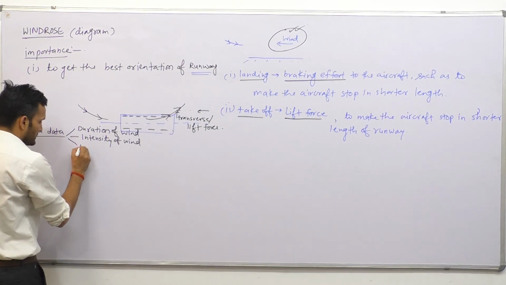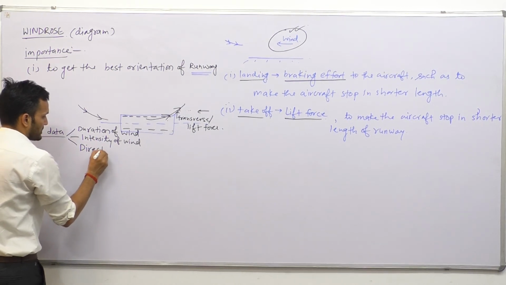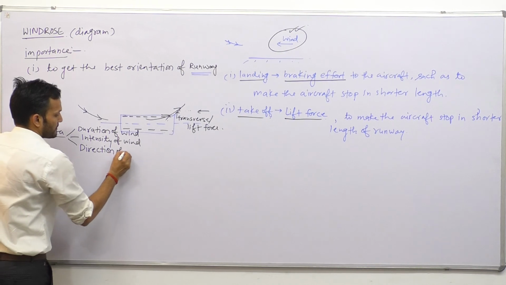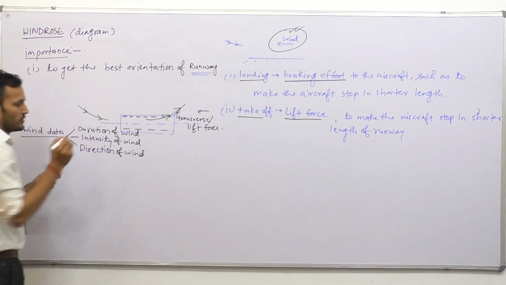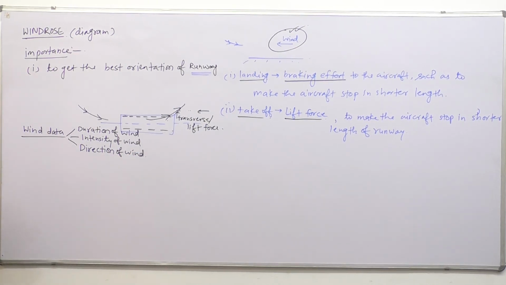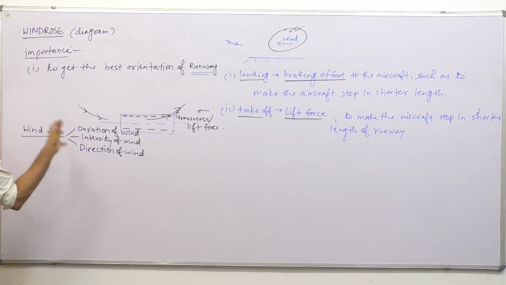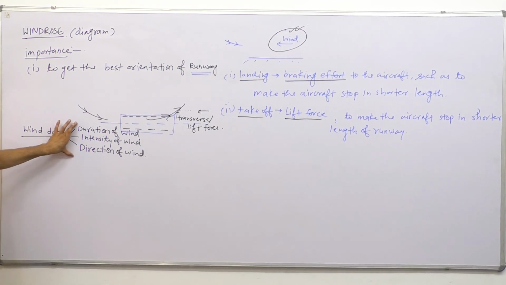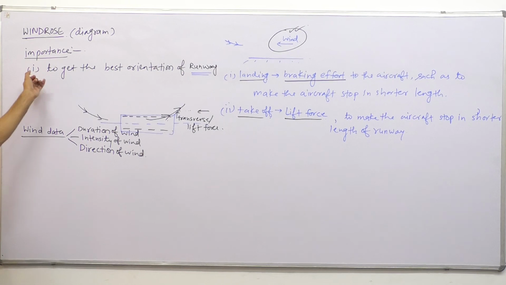The third is direction, the direction of wind over that airport location. These three data are collected for the site under consideration and correlated in a graphical way, referred to as the windrose diagram.